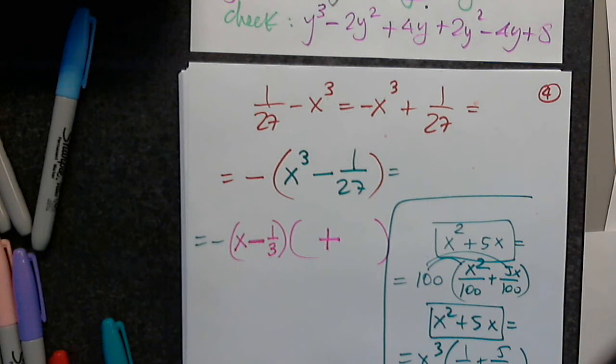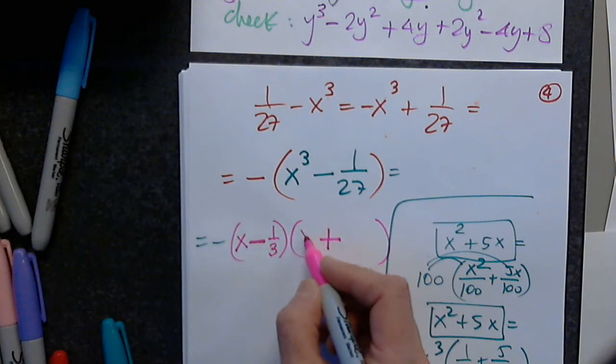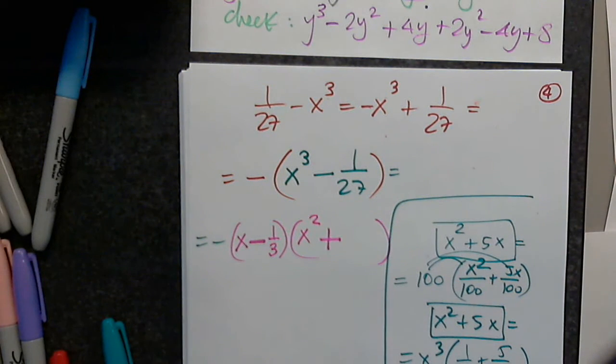Now the trinomial has a pattern. First term: x squared. Perfect. The middle one. That's why I emphasize put the sequence of signs first, because now you may be tempted to say x times -1/3 is -1/3 and change this into negative. Don't. We already established the signs.